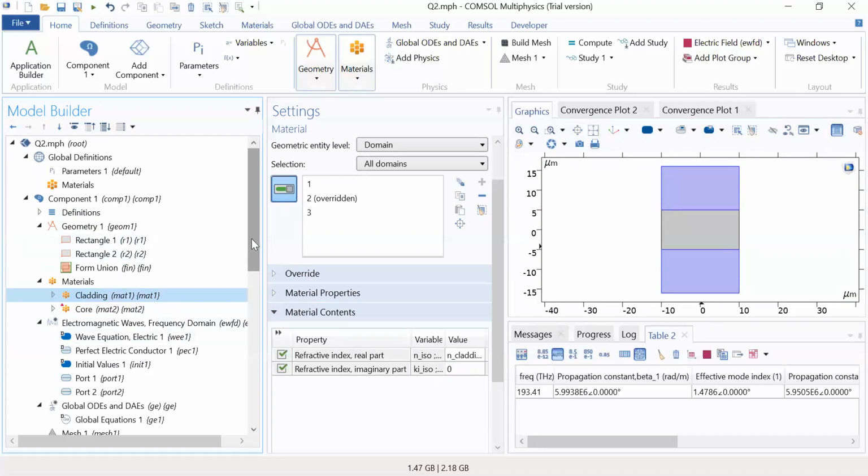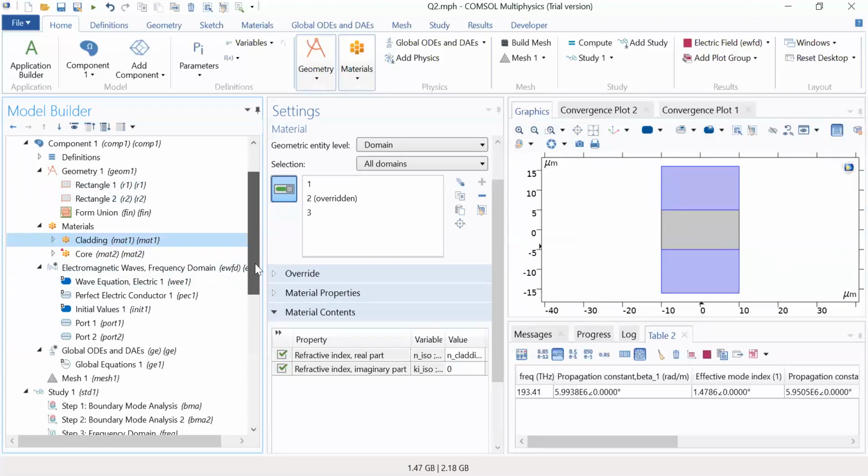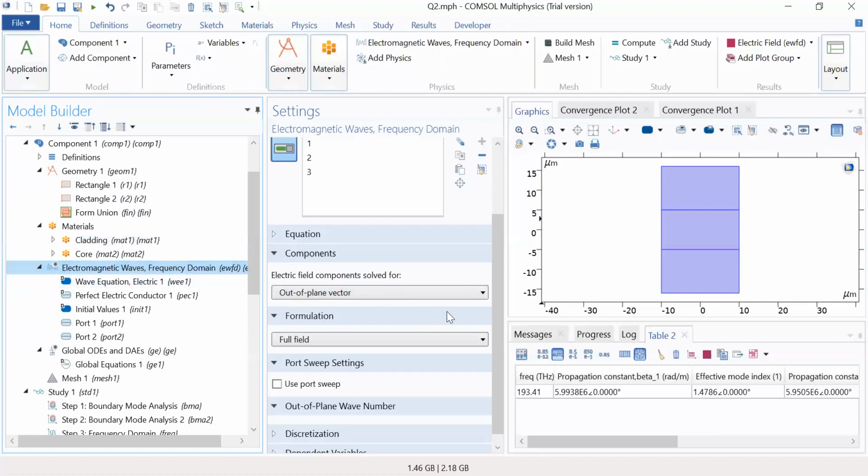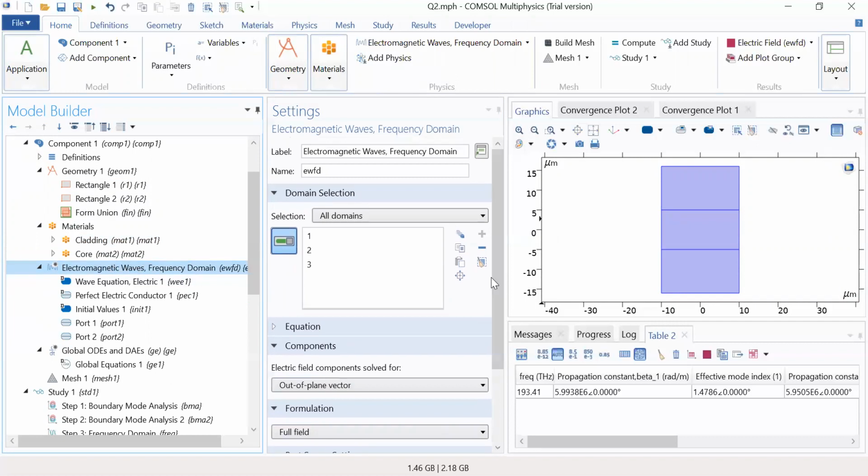Now we have defined the layout of this waveguide, so we go into the Maxwell equation. We need to solve the Maxwell equation in the three regions, in which in the cladding region the field must decrease exponentially, and in the core region it must be sinusoidal. We take care of these things using the electromagnetic option.